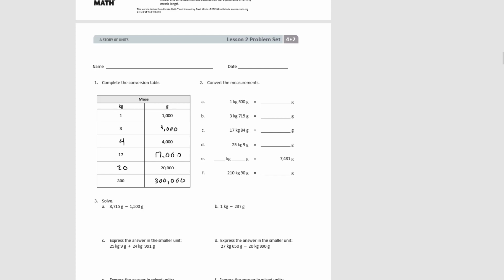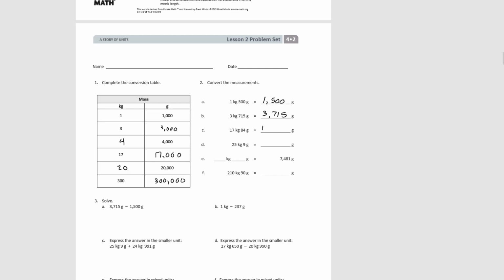For problem number 2, we're converting the mixed units into grams. So pause the video and do A through F. For A, 1 kilogram is 1,000 grams, plus the 500 grams would be 1,500 grams. For B, it would be 3,715 grams.